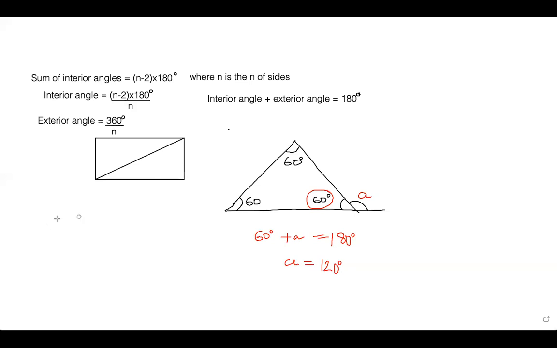As you're drawing, the girls should know that if you want to generate that equation, you need to choose one vertex from which you can draw all the diagonals you want to make.